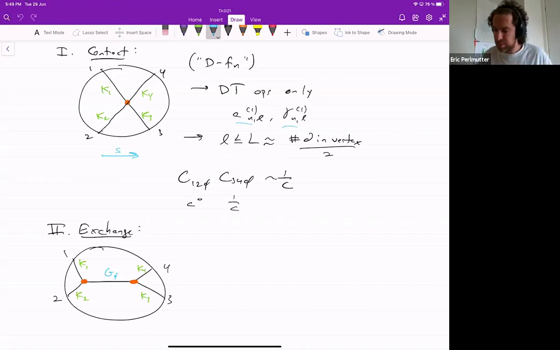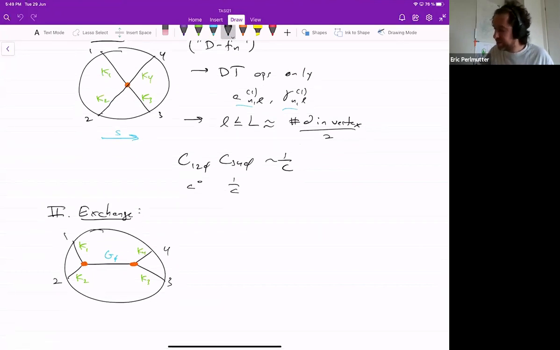Good. So for the exchange diagram, what is the CFT decomposition of this thing? Actually, it depends if you do it in the direct channel or in the cross channel. Here I've written an S channel exchange.